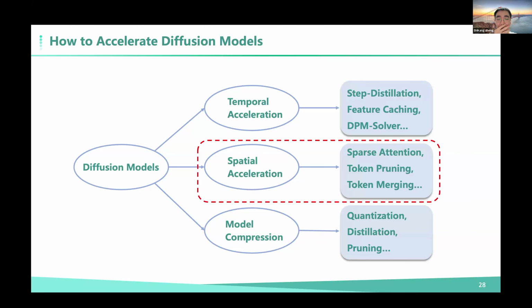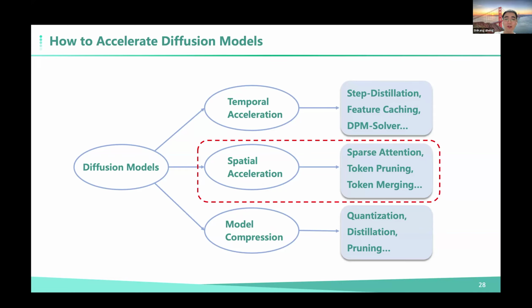Beyond these temporal accelerations, as I mentioned, in today's diffusion acceleration it is more and more difficult to do spatial acceleration, because it is pretty hard to reduce the actual computation or the actually computed tokens in every step. And today's mainstream industrial acceleration is step distillation.